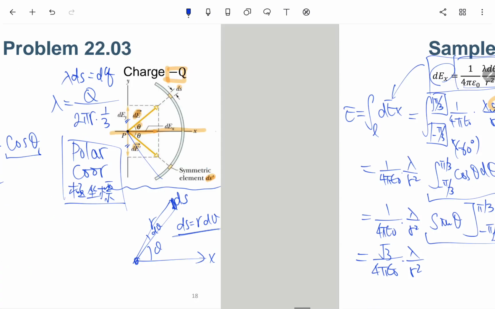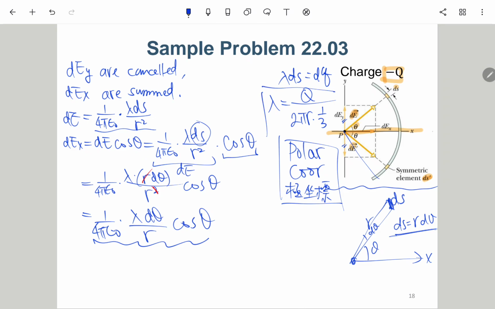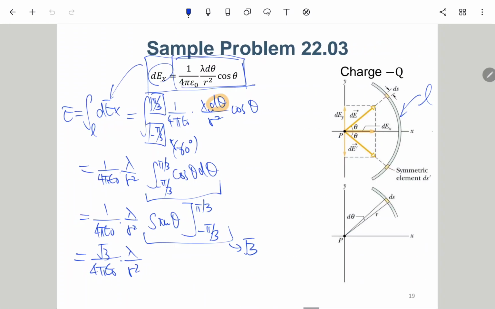And then finally, we need to use this one. Lambda equals q over 2 pi r times 1/3. Then we substitute this into here.